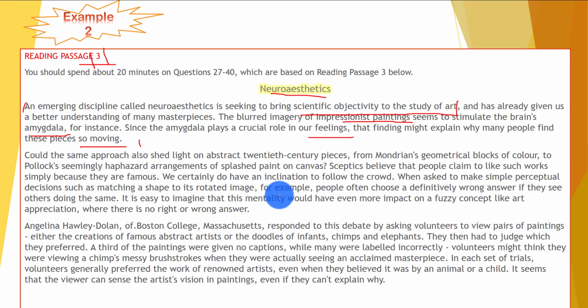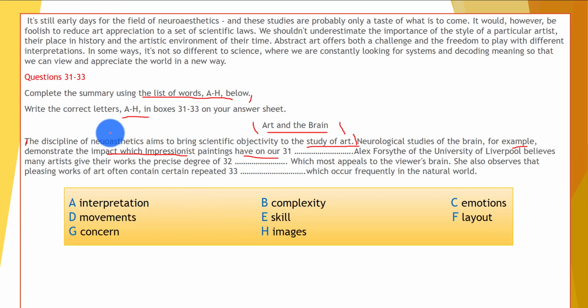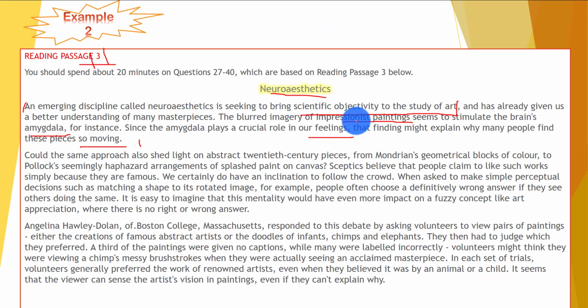Okay, let's go back to our summary: which impressionist paintings have on our... Okay, we have impressionist paintings seem to stimulate the brain's amygdala. It doesn't matter if you don't know what this word means. For instance, since it's a part of the brain, it plays a crucial role in our feelings. So feelings is our answer.